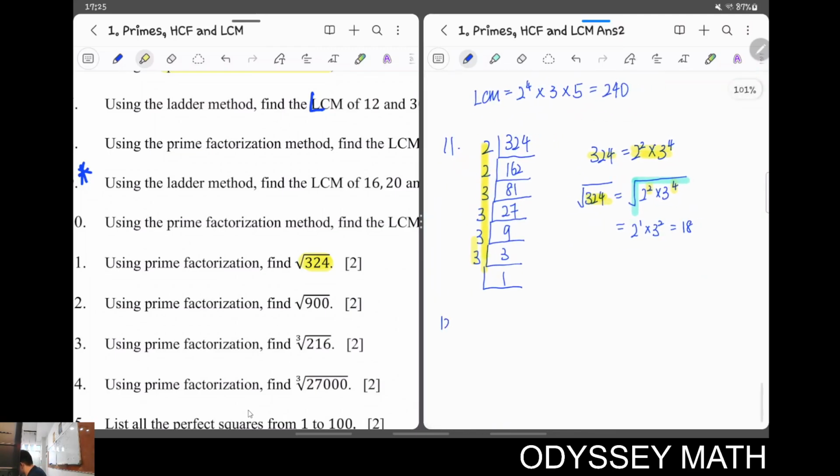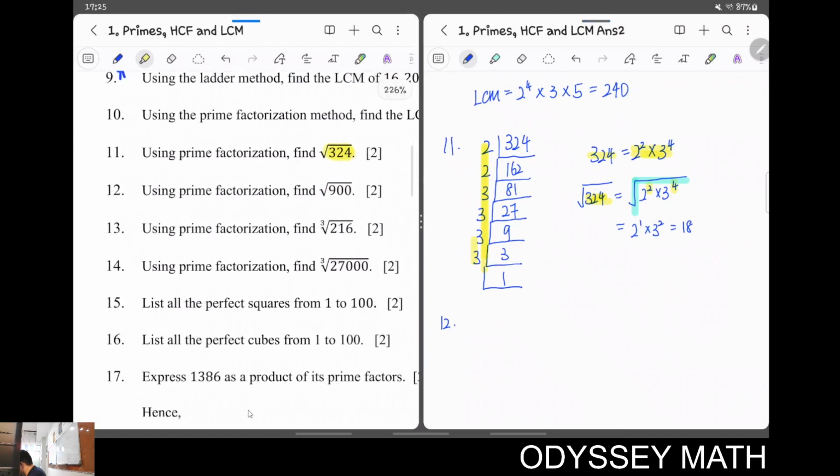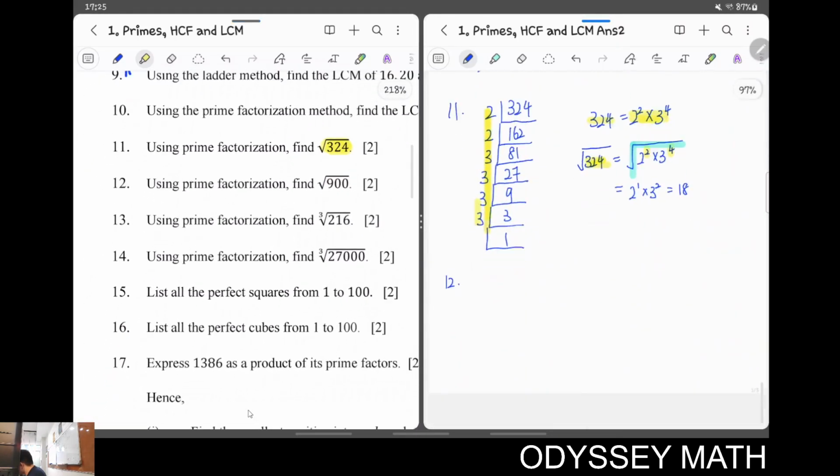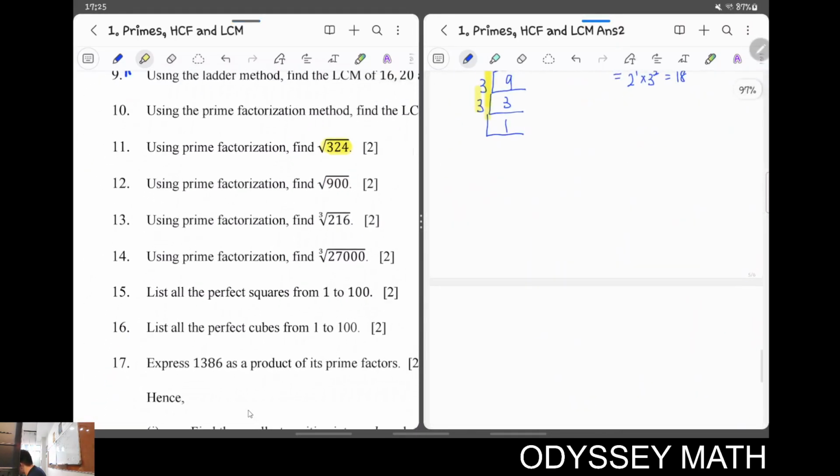Okay, let's do question number 12. It's pretty similar at this point, so I will do it quickly. So we have to use prime factorization for question number 12 to find the square root of 900. So the square root of 900, let's focus on the 900 inside over here.